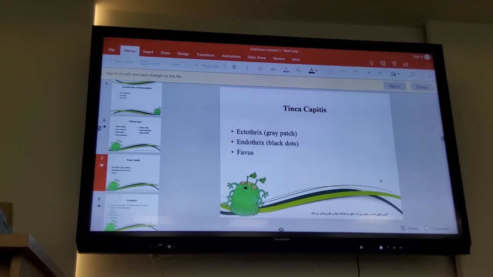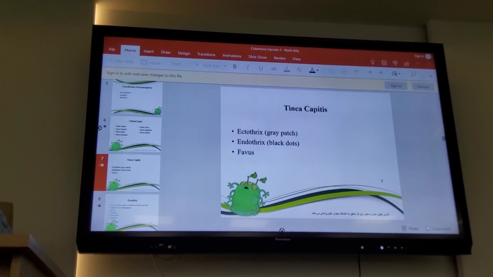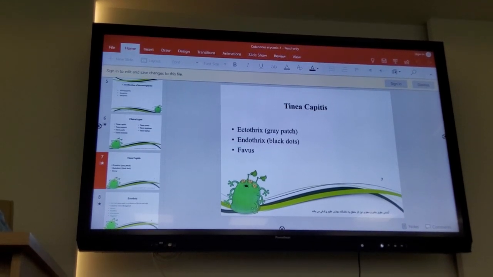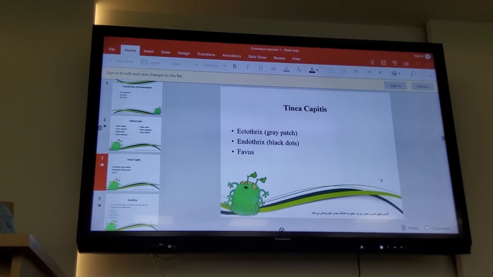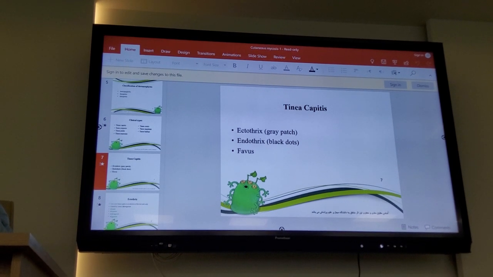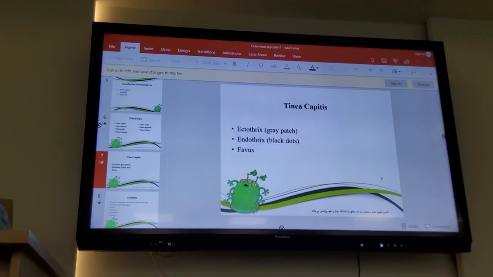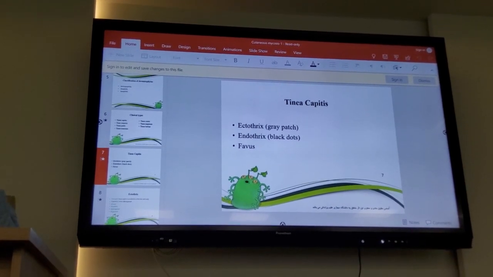In endothrix, you see spores inside the shaft of hair, but in favus, you see the mycelium form of fungi inside the hair. Okay.